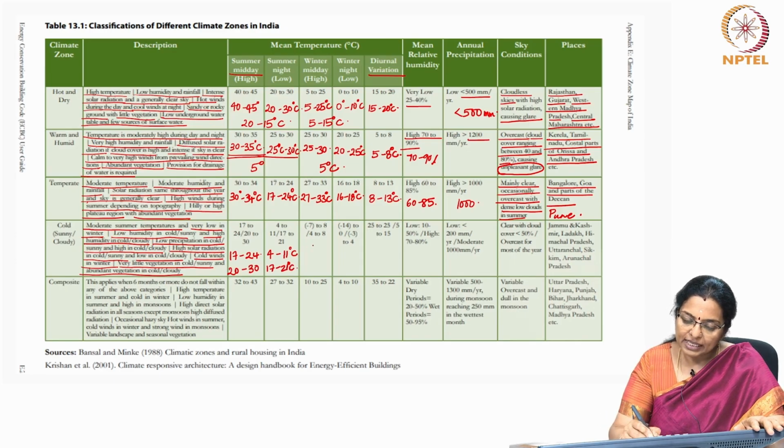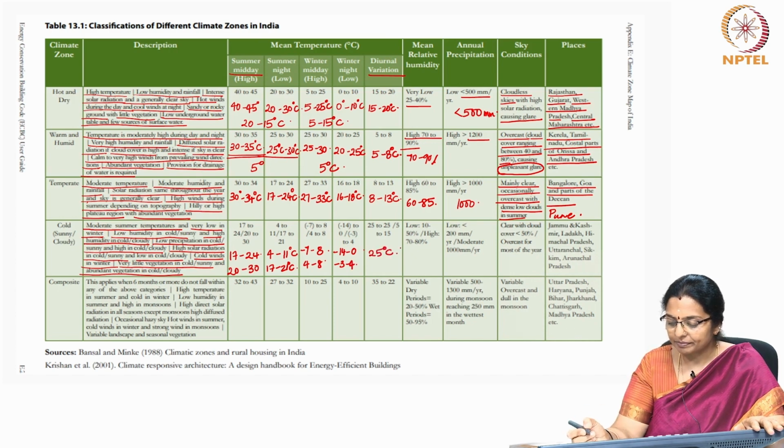In cold and sunny, winter midday ranges between -7 to 8, and between 4 to 8 in cold and cloudy. In cold and sunny, winter night ranges between -14 to 0, and between -3 to 4 in cold and cloudy. Diurnal variations are very high, about 25 degrees centigrade.